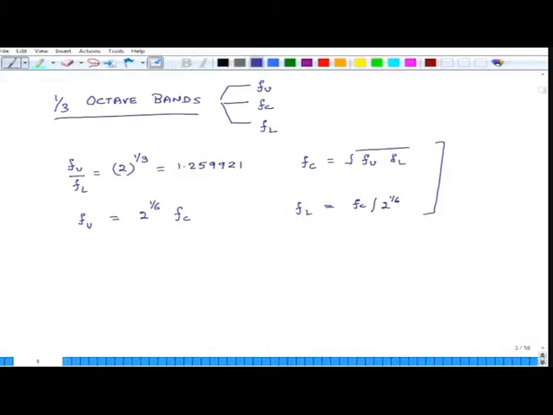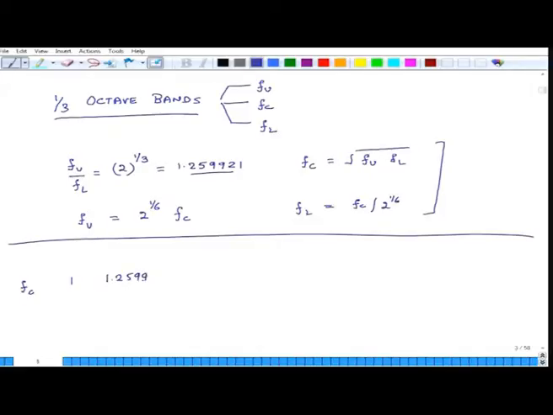If we want to use industry standard octave bands or 1/3 octave bands, this is how we do it. We will list the central frequencies Fc. Let us say we start from 1 hertz, then the next central frequency will be 1 times this factor, 1.259921.